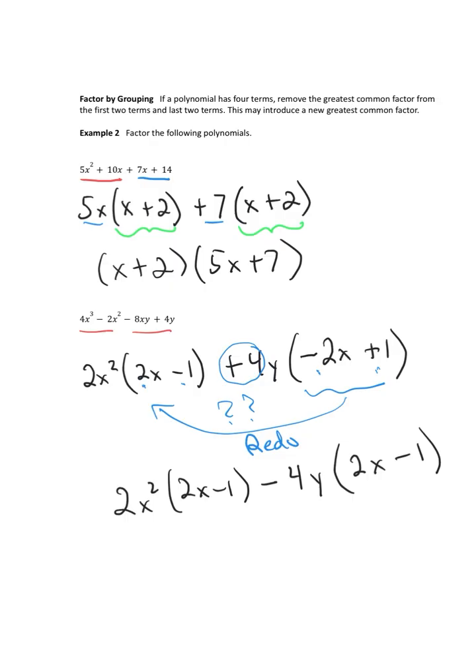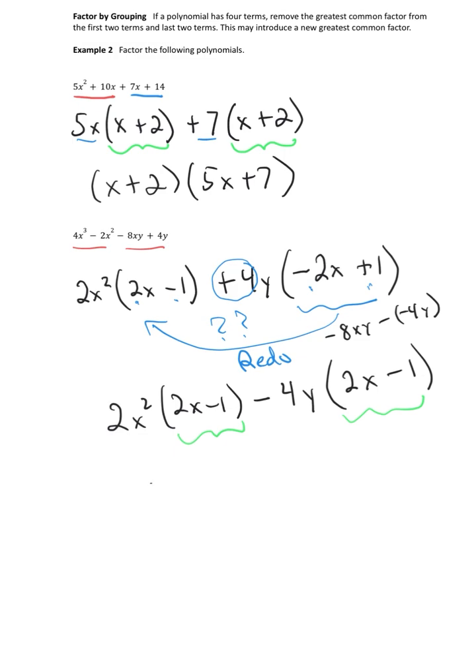So you may even think of that negative 8xy as minus negative 4y, and then you can kind of see both of those negatives show up. And that result now is more compatible. They've got the 2x minus 1 in both terms. So that would be 2x minus 1, and then you're left with 2x squared minus 4y. And there you have it.